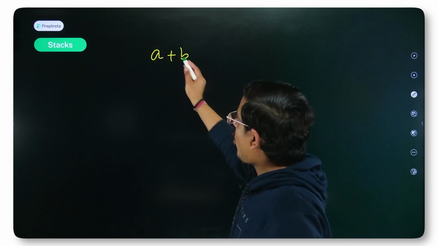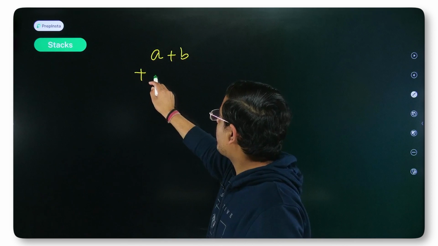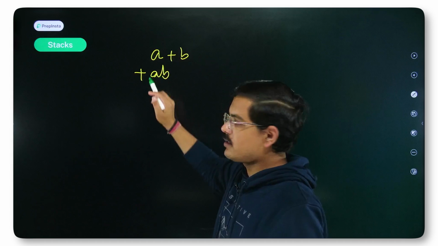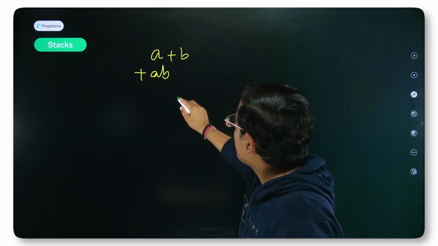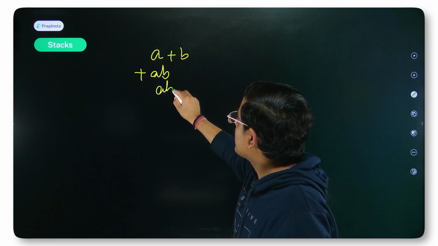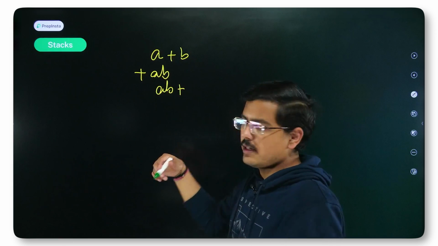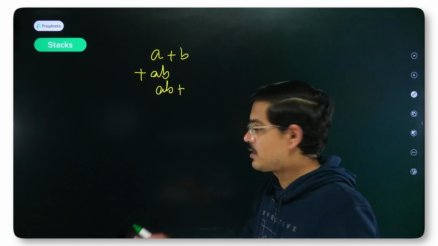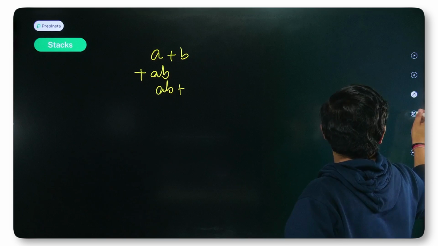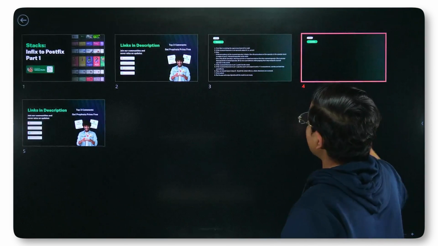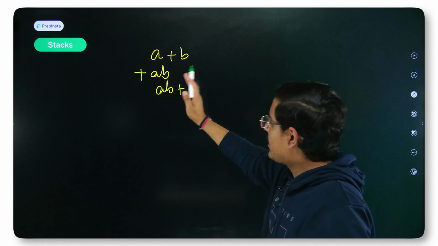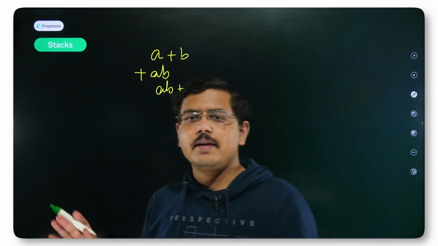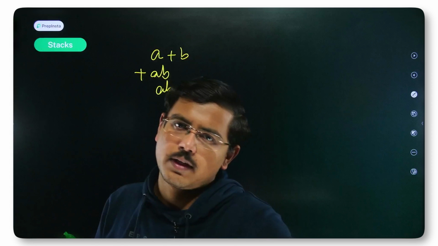When the operator is before the operands, then it is prefix expression, and when it is after the operands, then it is postfix expression. Simple. Fine. So I guess it is quite simple to understand that if it is after the operands, then it is very simply postfix expression.